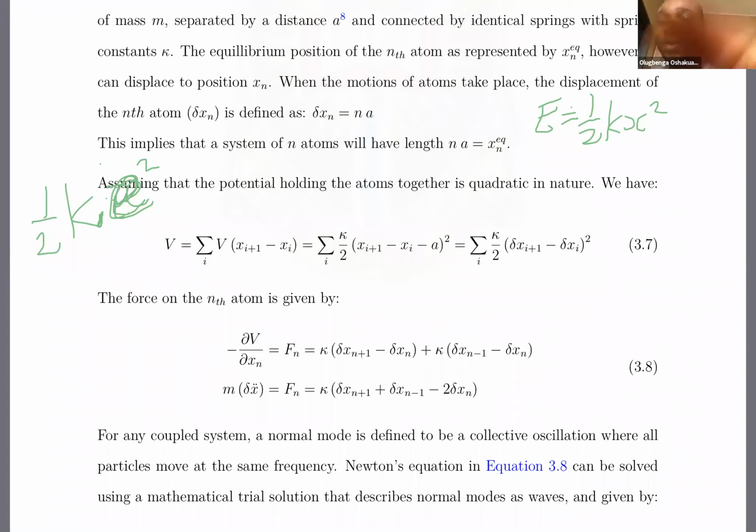And for that reason, we'll be considering a particular form of expression. So we'll be treating it like we are having three atoms.